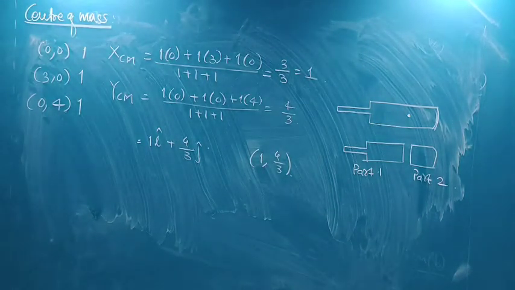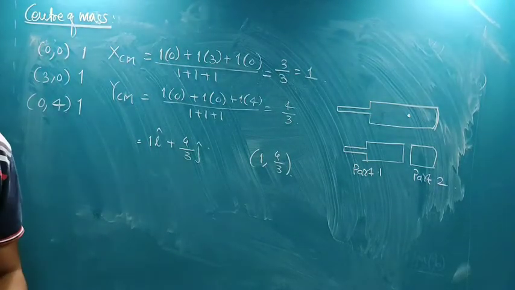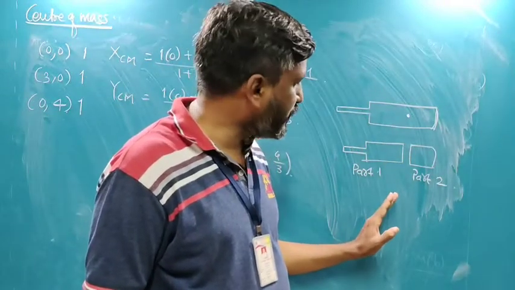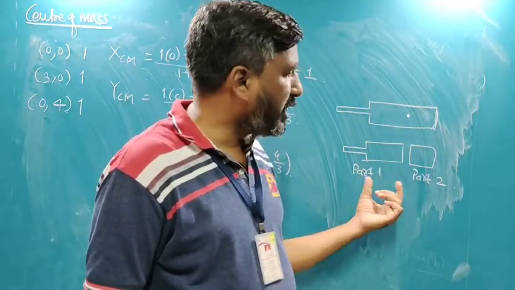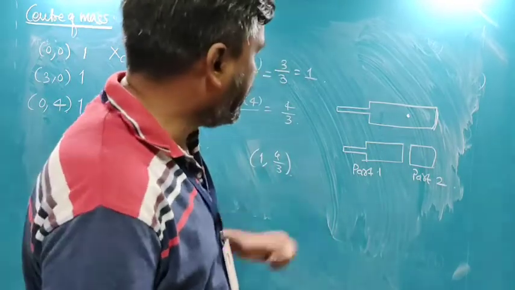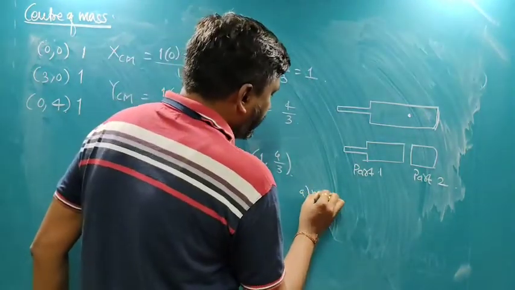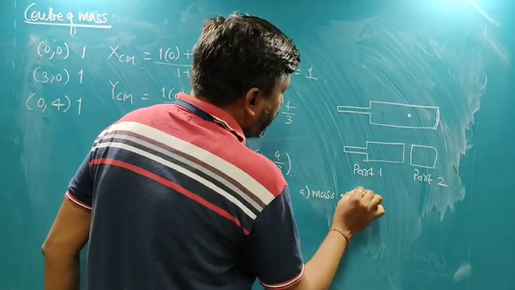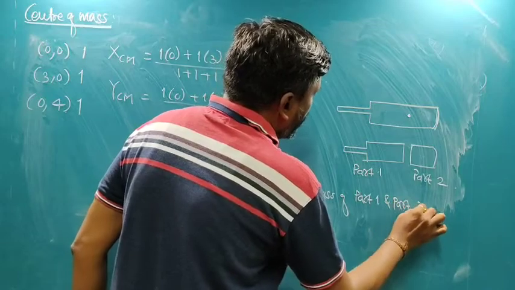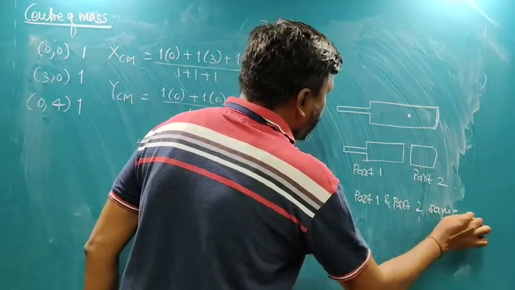A cricket bat is cut at the location of its center of mass as shown in the figure. The two pieces will have the same mass? If I cut this bat exactly at the center of mass, then the question arises: is the mass of part 1 and the mass of part 2 the same? The first option is that the mass of part 1 and part 2 is the same.